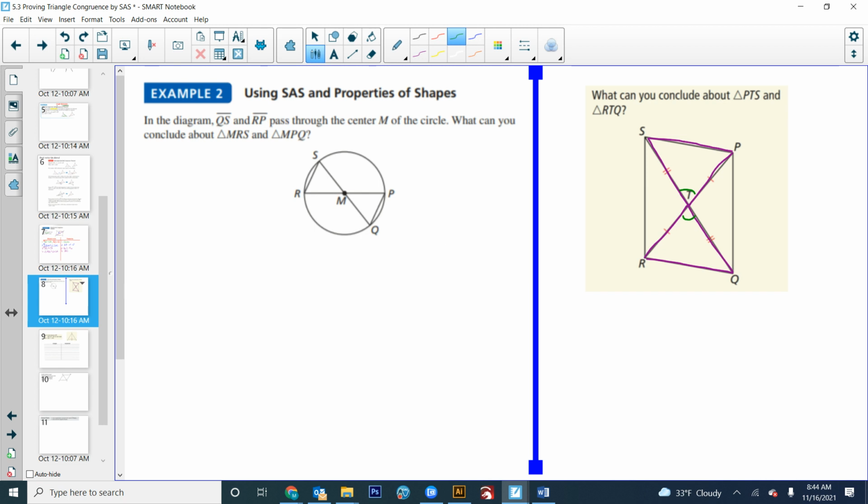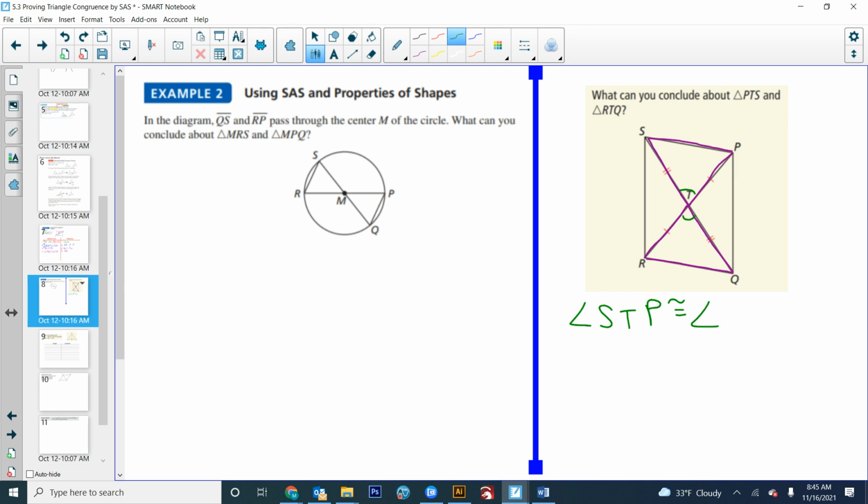So let's say angle STP is congruent to angle. Now you're probably thinking, Mr. Westphal, it didn't really say to, it said just what can you conclude? And it's easy to just say, oh, they're congruent by SAS, right? But you have to tell the information that leads you to that answer, right?